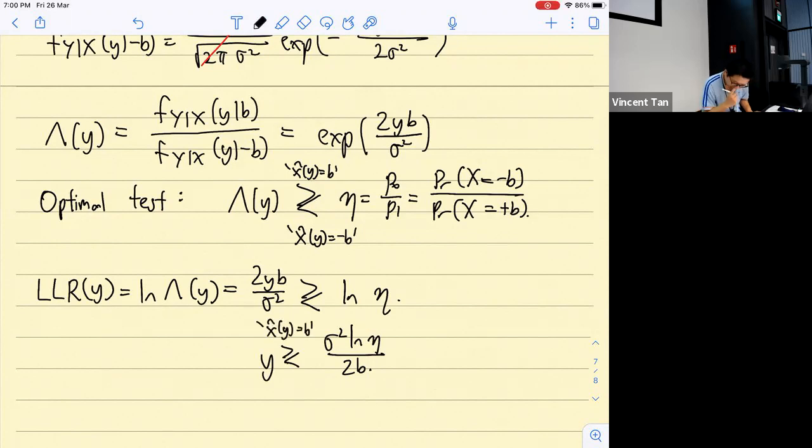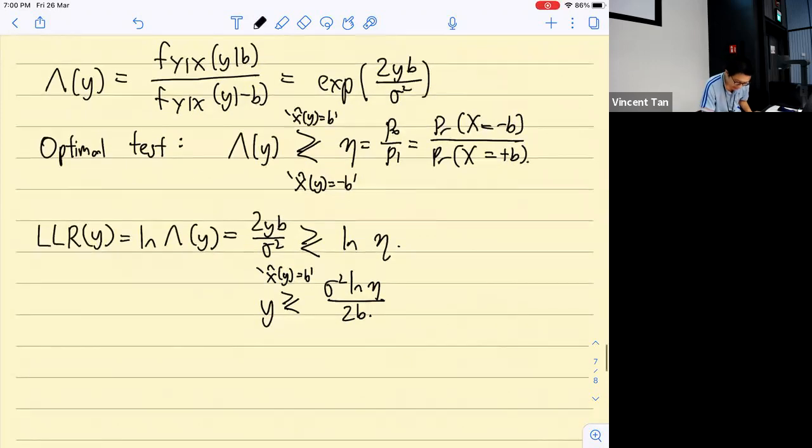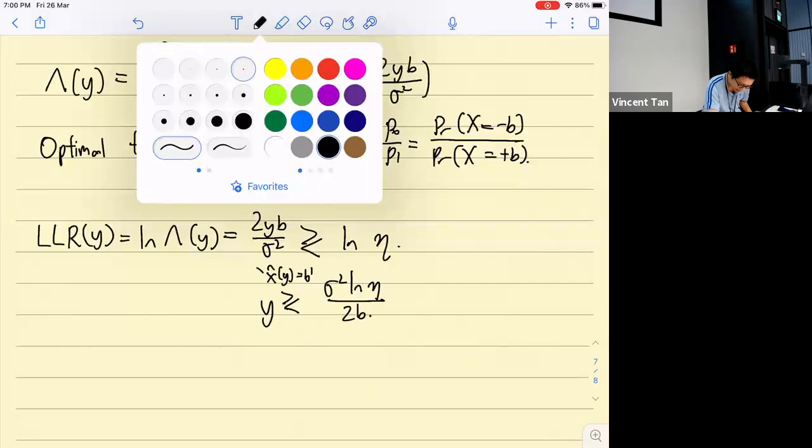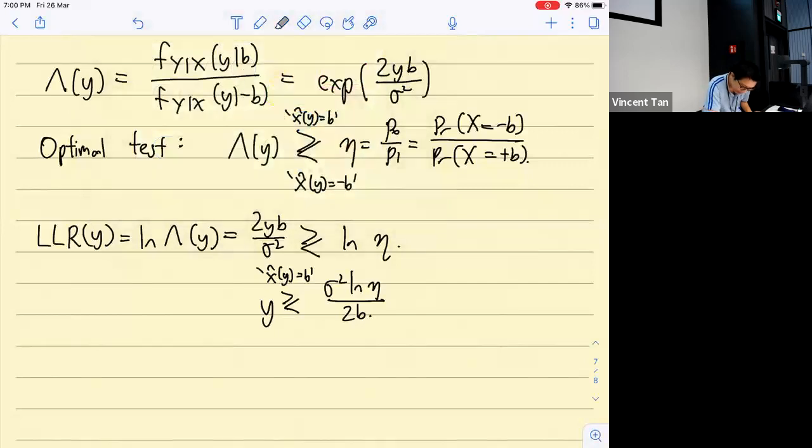Okay, so as you can see here, this is a very simple rule. Y itself is a sufficient statistic. Why?